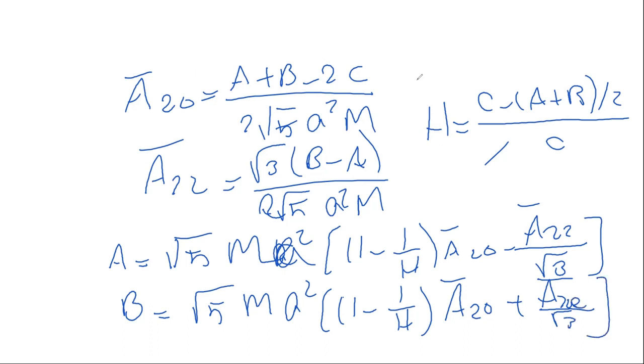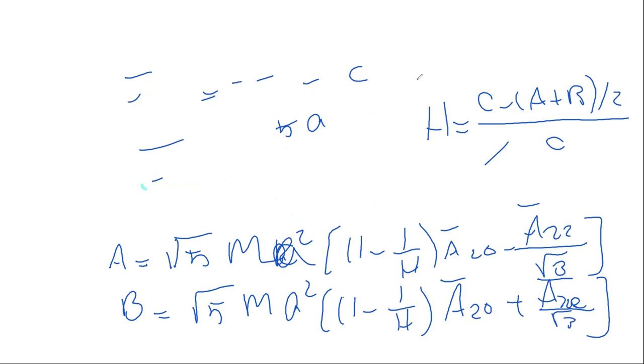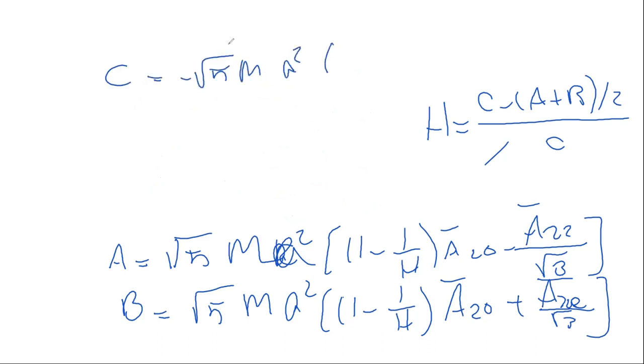And C, I will write it up here: minus 5 M A squared, A20, and H. So you have learned before the relation between the dynamic flattening and the changes of the C20.